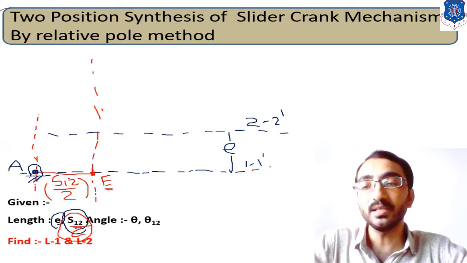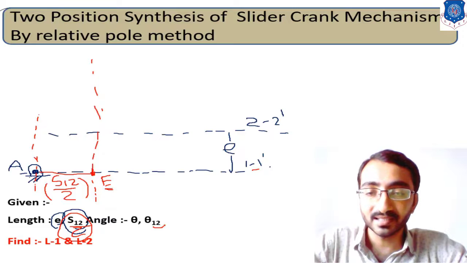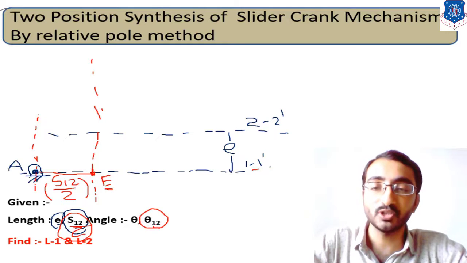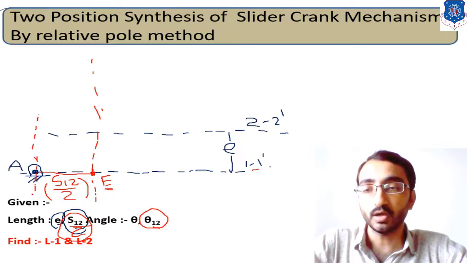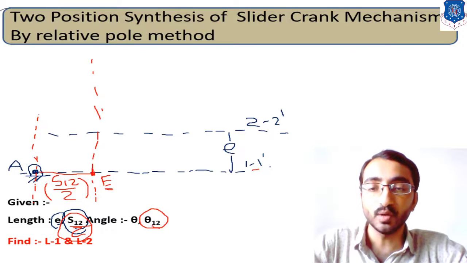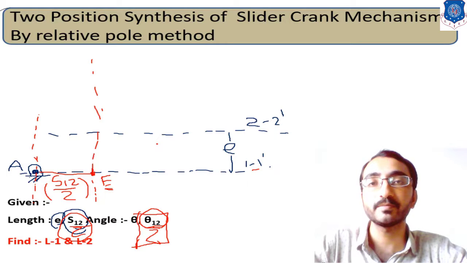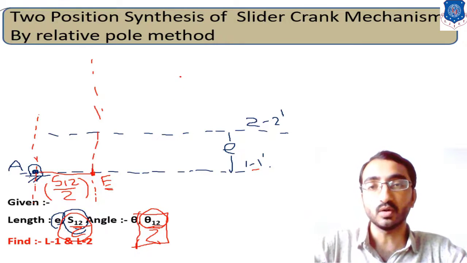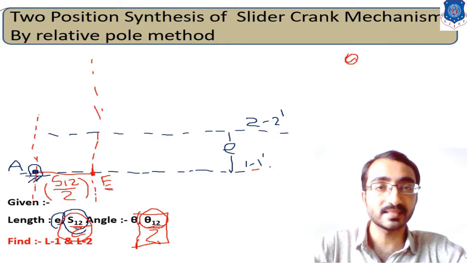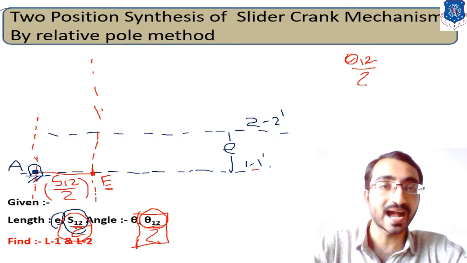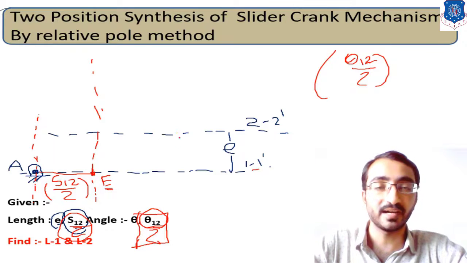Now from this E point we take the second data, that is the input position angle theta 12. Be careful here: from this vertical line you have to take the theta 12 by 2 angle, as we do the same procedure in all the relative pole methods. We always consider this theta 12 position, and we always take half of that angle as our reference angle.